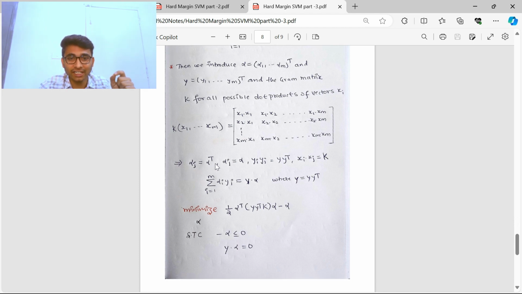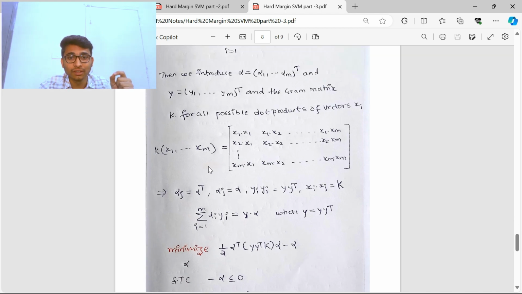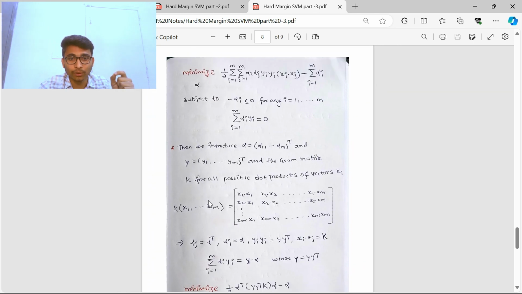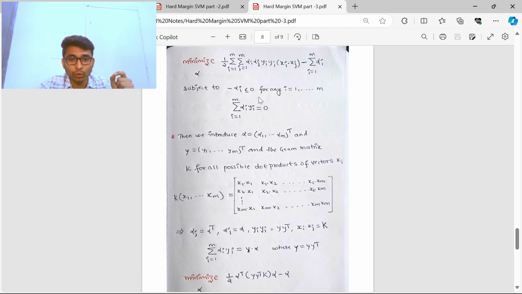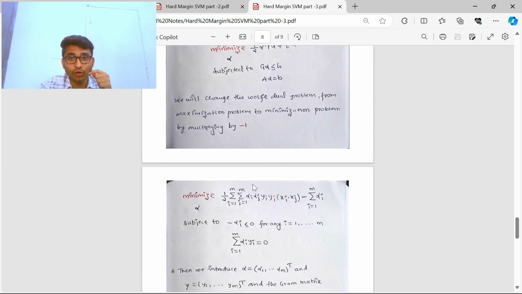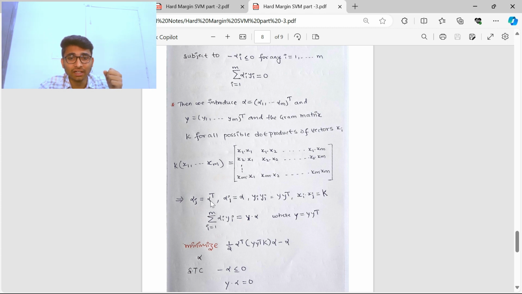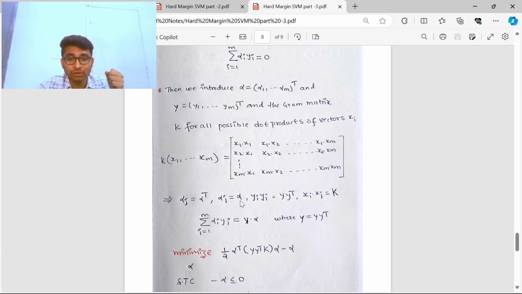And alpha i alpha j equals alpha transpose alpha, and yi yj equals y transpose y, because I have to write this in this format. Why are we doing transpose?